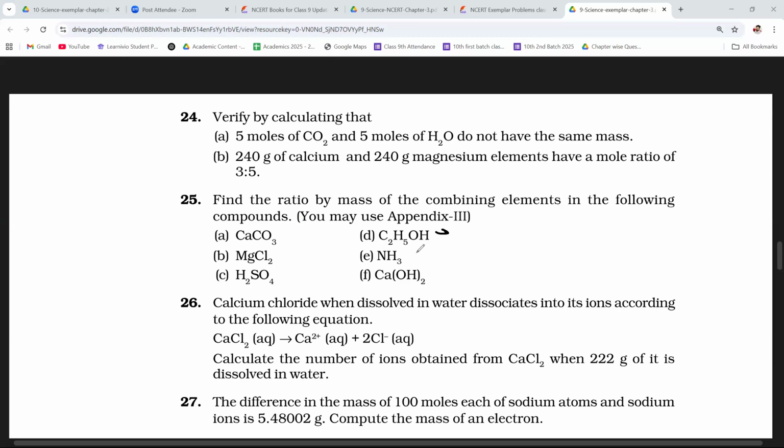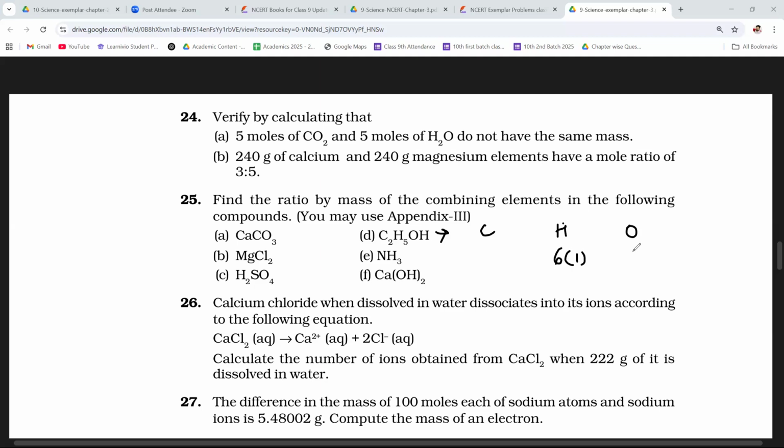So can you tell me the mass ratio of ethanol? Carbon is 12, hydrogen, and oxygen; three kinds of atoms are there. 6 is the total number of hydrogen atoms.